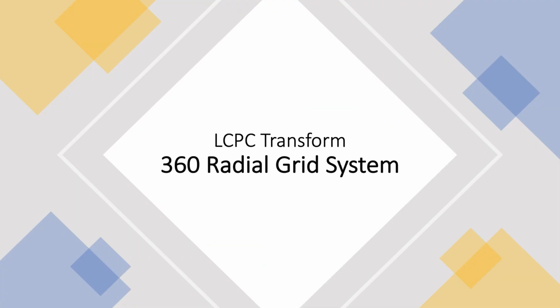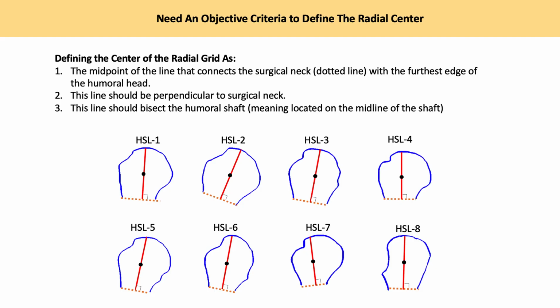First, I want to apply the 360-degree radial grid system to quantify these shapes. Before we do that, we have to find an objective way to define the center of that radial grid in every shoulder, for both the normal cases and those affected by the lesions. To do that, I defined the midline of the humeral shaft that runs all the way to the tip of the head of the humerus.